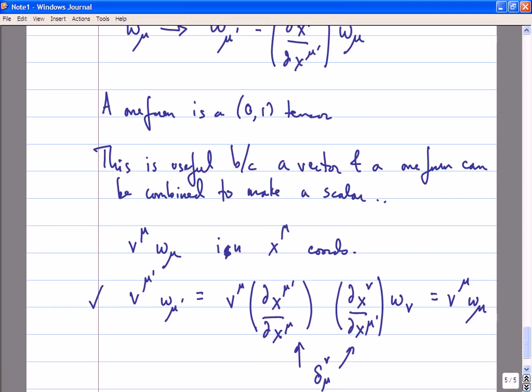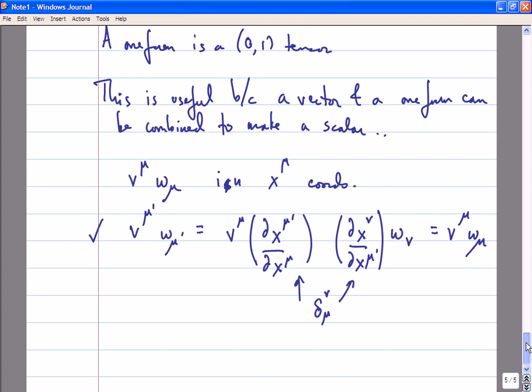That's nice because, in general, if you have two vectors, there's no way of combining those vectors in order to make a scalar. You can only do that if you have a vector and a one form. So, formally speaking, this is how a mathematician would define a one form: as something which takes a vector to a scalar.